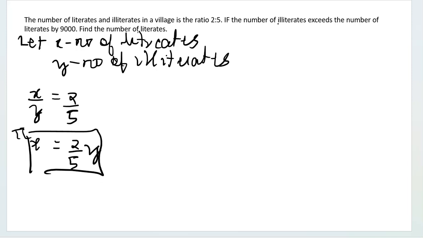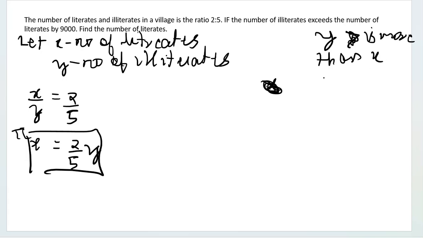Now the number of illiterates exceeds the number of literates by 9,000. So the number of illiterates, that is y, is more than x by 9,000.